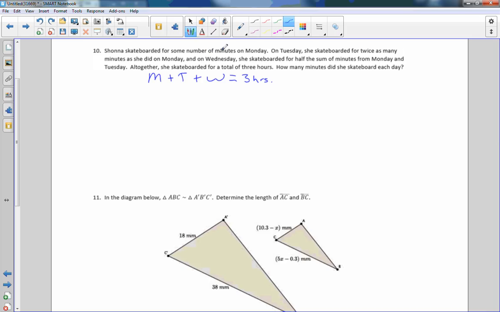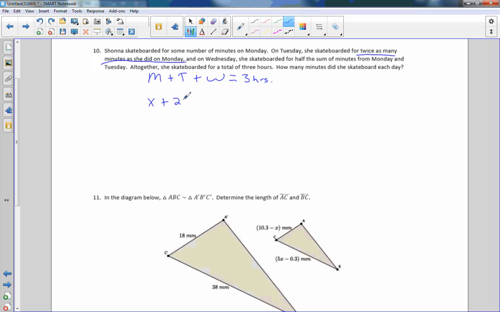She skateboarded for some number of minutes on Monday. Okay, so I'll use M for minutes, not Monday. So there's minutes for Monday. Actually, let's just use X because of that M. So X number of minutes on Monday, plus on Tuesday, twice as many minutes as she did on Monday.